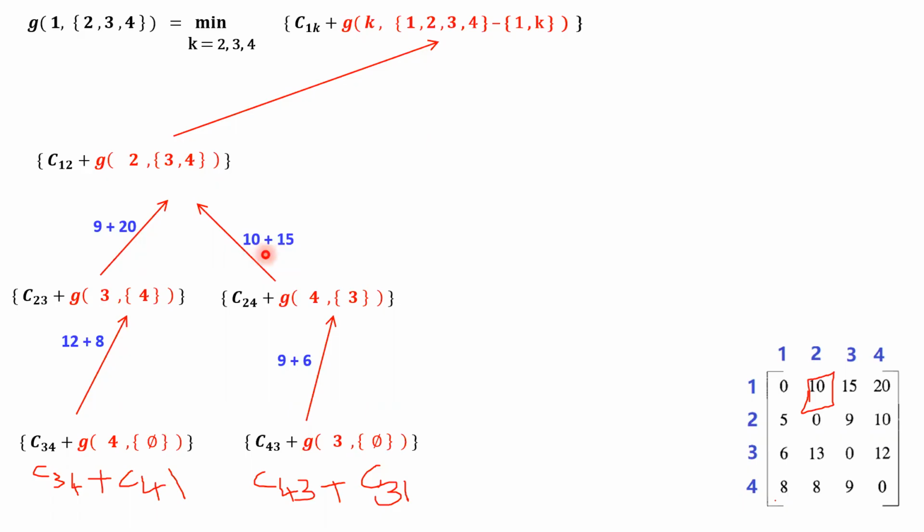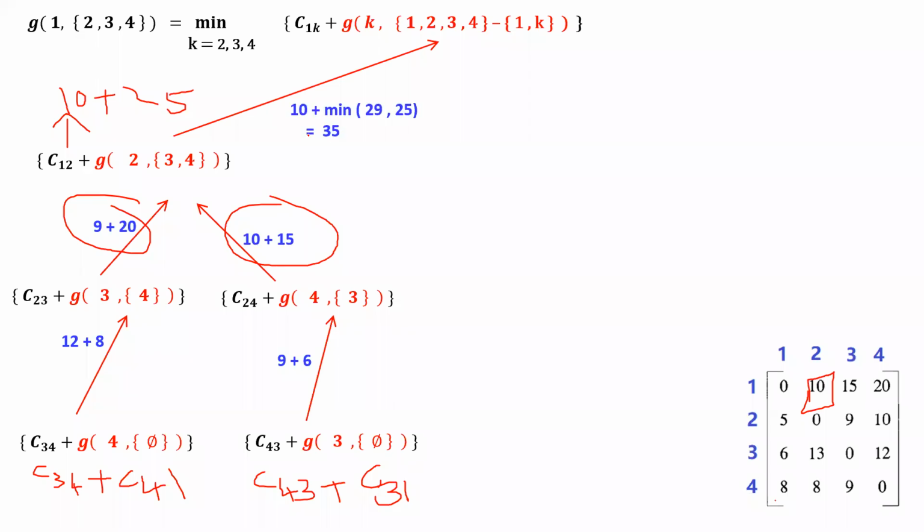So this will become C12 value is 10 plus, out of 29 and 25, whichever is shortest, take that value, which is 25. So you are going to get 35.